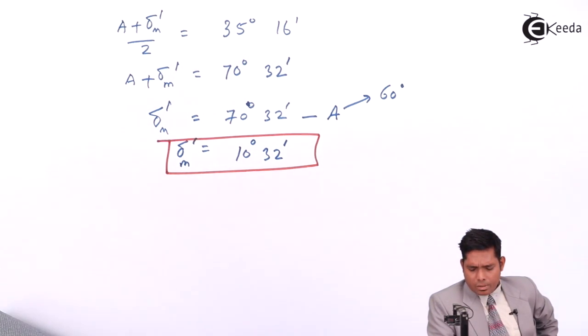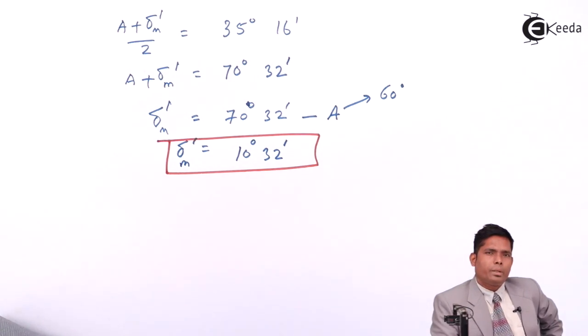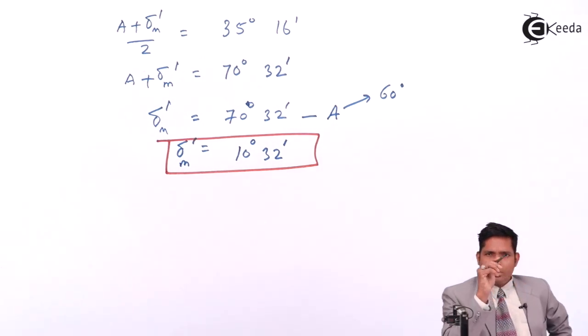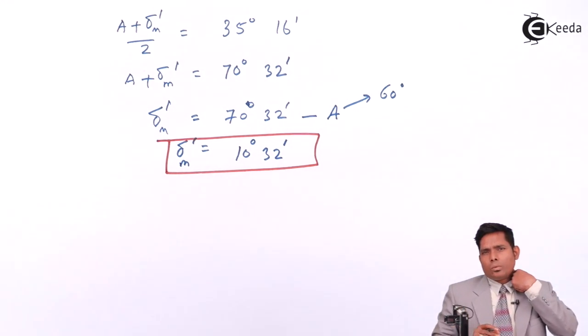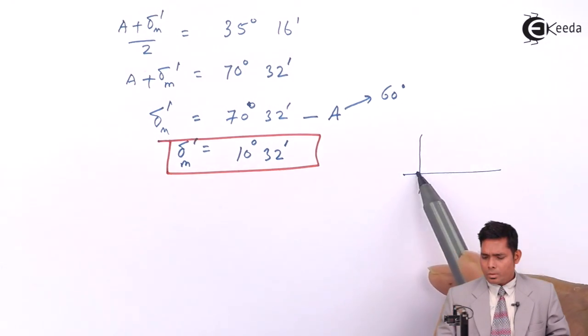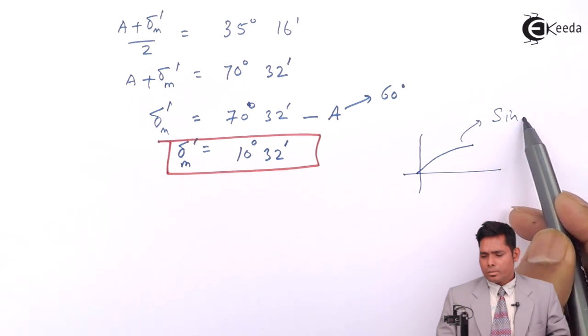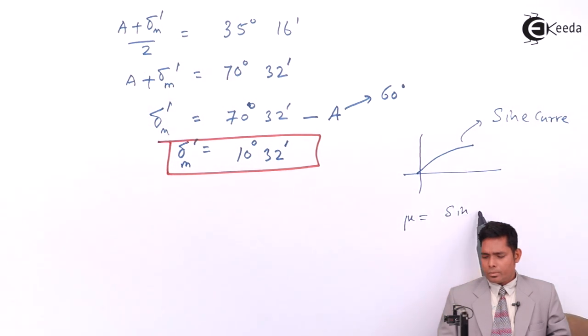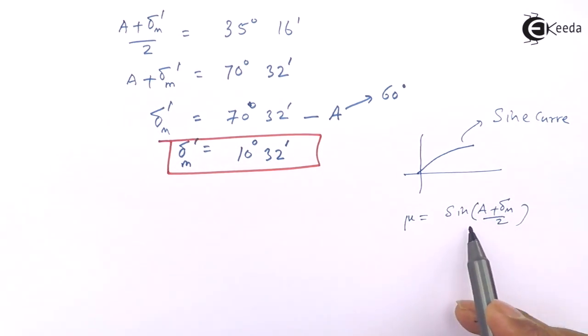It was obvious that the angle of minimum deviation will drop, because mu is directly proportional, in one way, to the angle of minimum deviation, because the sine curve is like this. From 0 to 90, the sine curve is increasing in nature. This is the sine curve, and mu formula is sine of (A plus delta m) by 2 divided by sine A by 2.